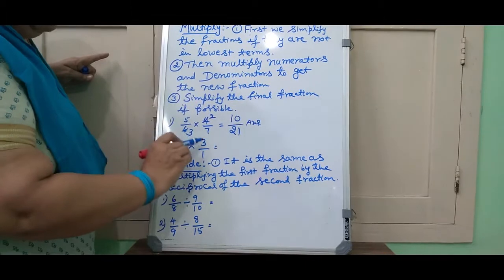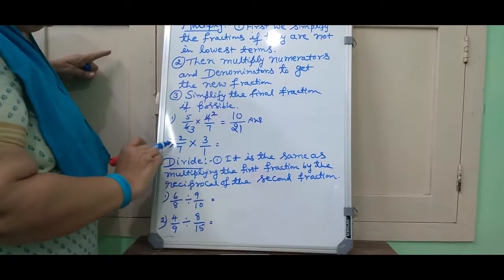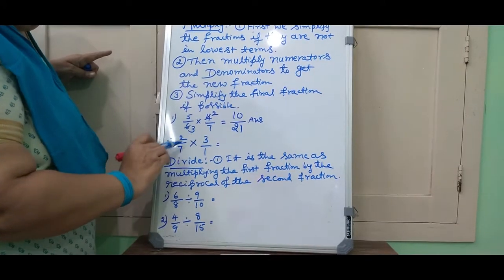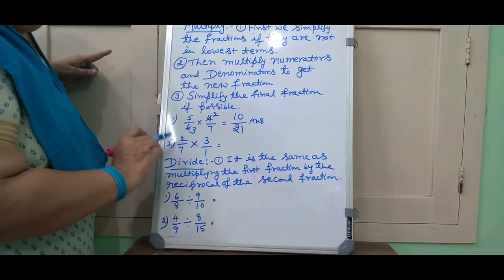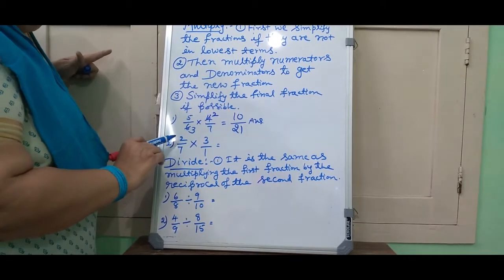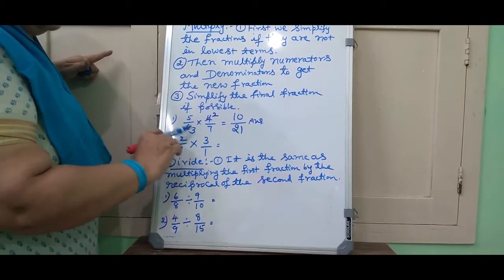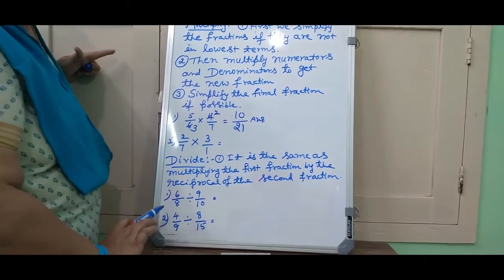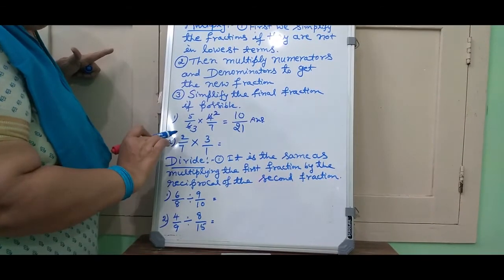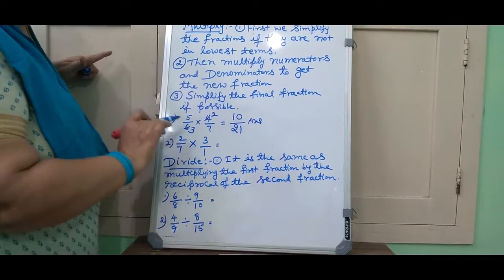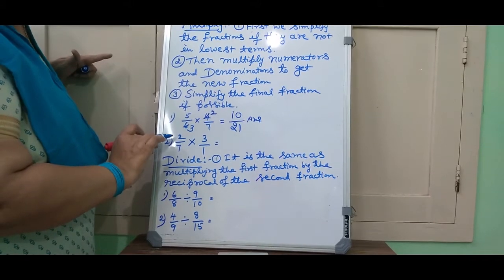Now if you consider the numerators and denominators here, they cannot be cancelled. 2, 3 and 7 are different numbers. One more point to observe in multiplication is that you cannot cancel a numerator with a numerator only, or a denominator with a denominator only. You cancel a numerator and a denominator by the same number.